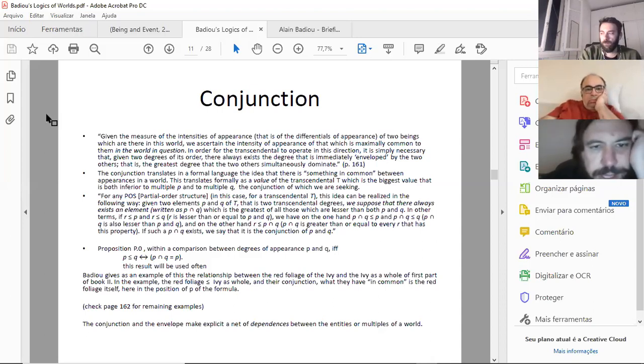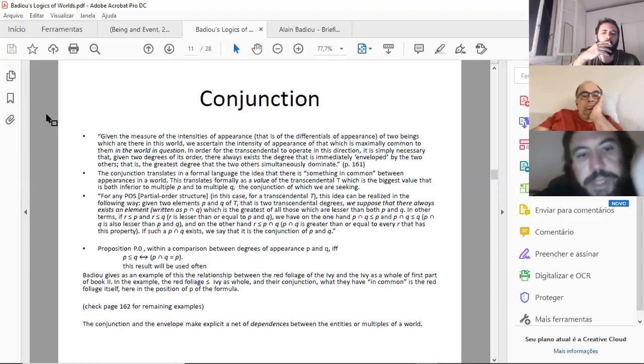For any partial order structure, in this case for transcendental T, this idea can be realized in the following way. Given two elements P and Q of T, that is, two transcendental degrees, we suppose that there always exists an element written as P conjunction Q, like the sign of intersection, right?